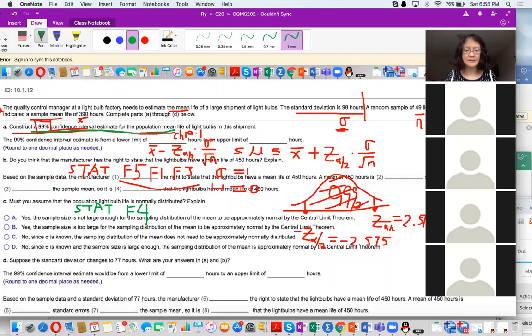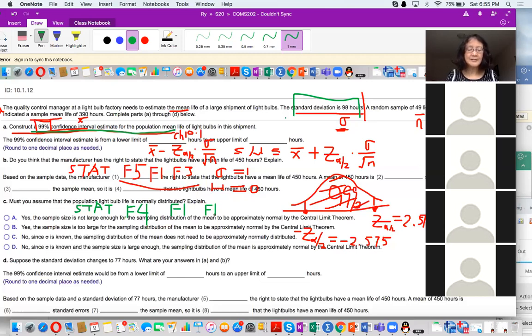After interval, you have 2 choices, Z and T. Again, this is a commonly asked question. Do I use Z? Do I use T? You use Z when population standard deviation is given. See, population standard deviation is 98. So you use Z. After F4, you press F1. And this is 1 sample, so you press F1 again, 1S.